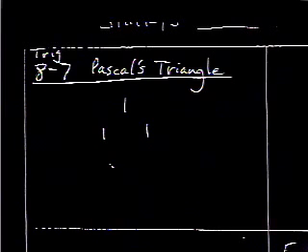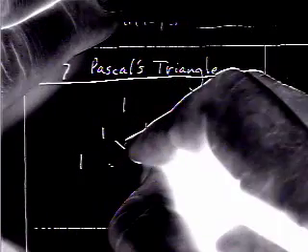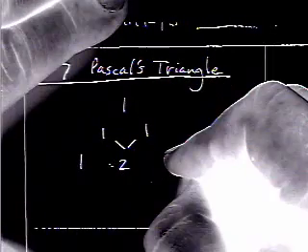Anyway, he was sitting around one day, when people are bored, they sit around and do math problems. So he said, what if I started creating a triangle? Every row started with a 1 and ended with a 1, and additional rows were found by adding entries above.